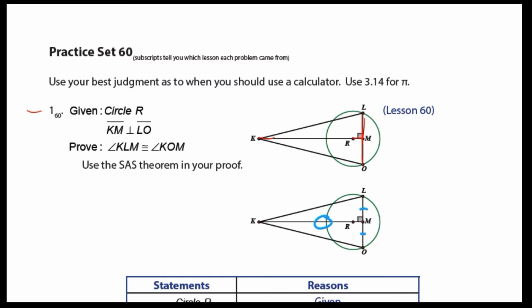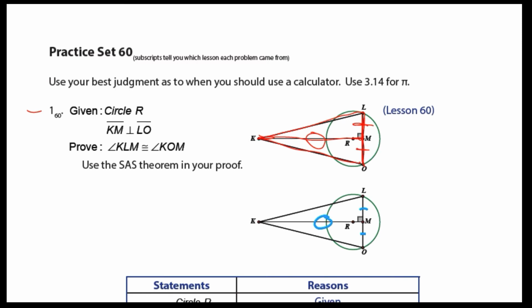Well, looking at these two triangles here, we see two triangles, and we could say that KM and KM are congruent by the reflexive axiom. We could say this and this segment are congruent.